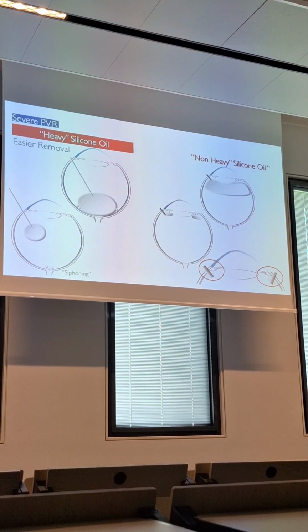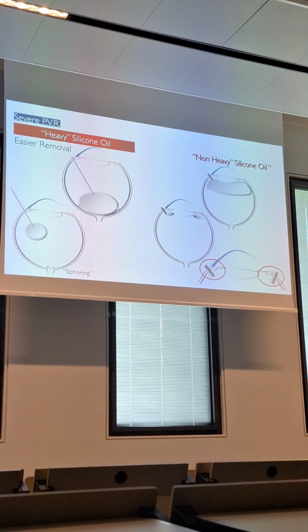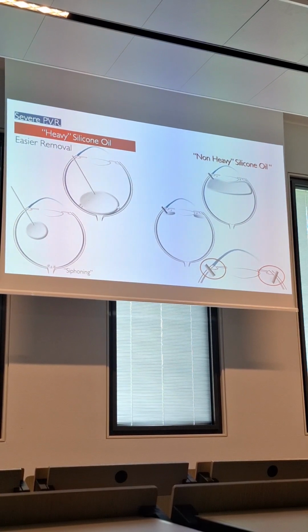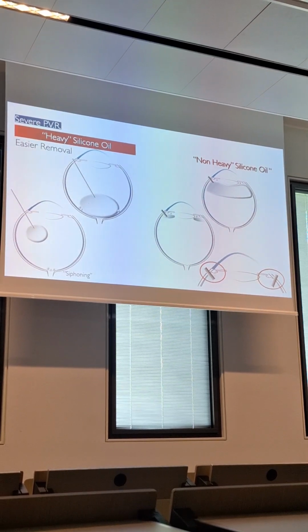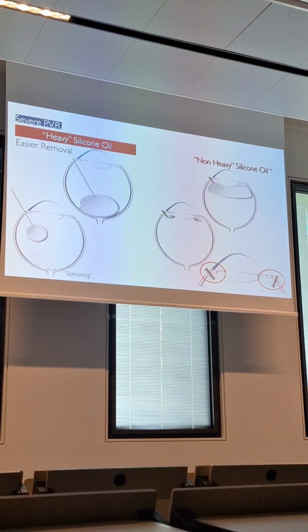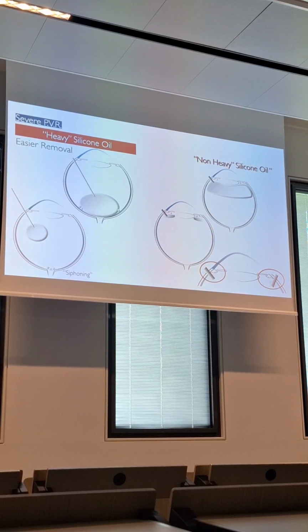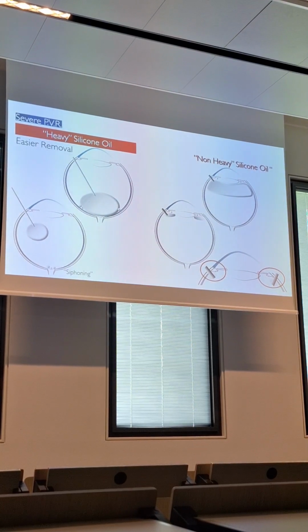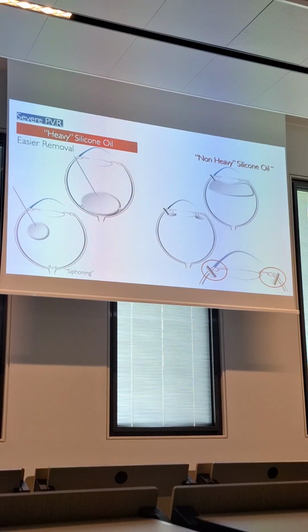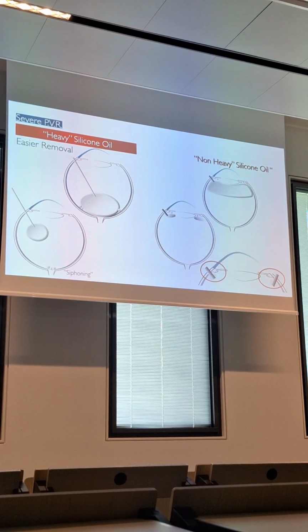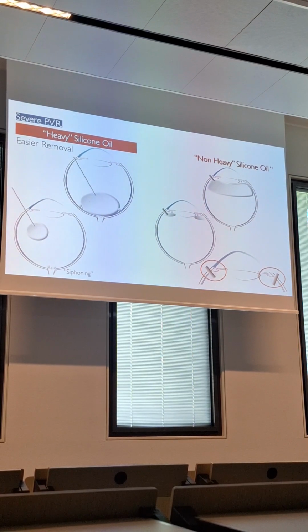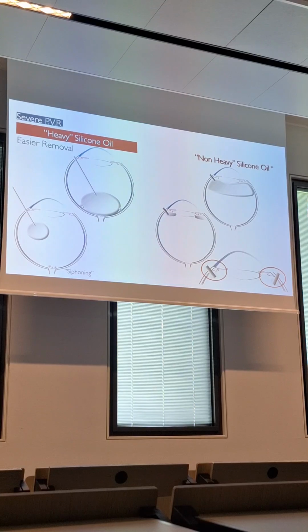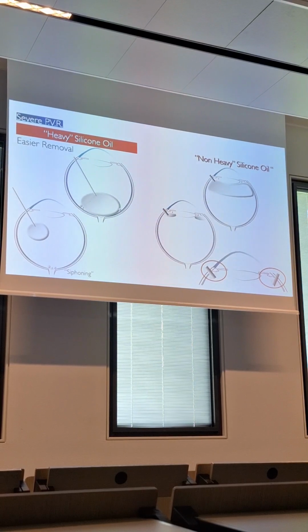Another thing many people say is that it's so difficult to remove the heavy silicone oil. I have heard this in all the meetings. It's so easy. Why? Because heavy silicone oil always stays down. You begin to aspirate; the only thing you need is to open a 20 gauge sclerotomy, a large one, let's say 1.5 millimeters.